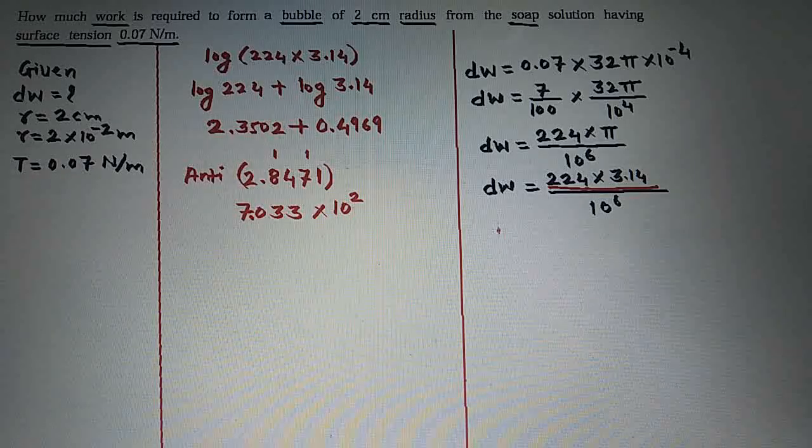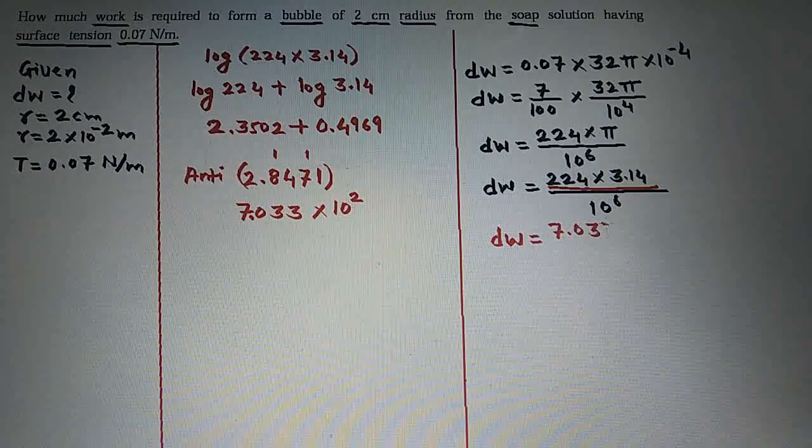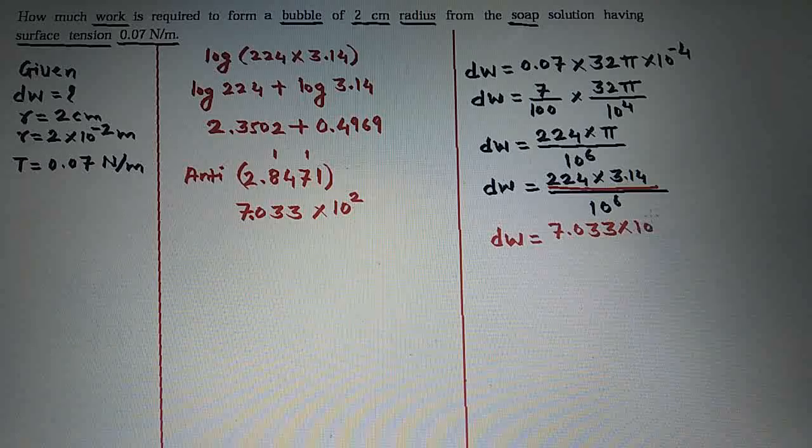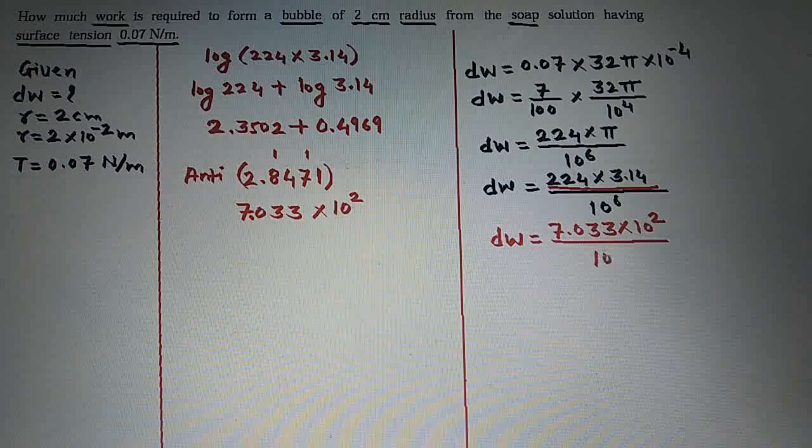So if we write this here, then we can write dW is equal to 7.033 into 10 raised to 2 divide by 10 raised to 6. So here this 10 raised to 2 and here 2 will get cancelled, so remaining will be 4.